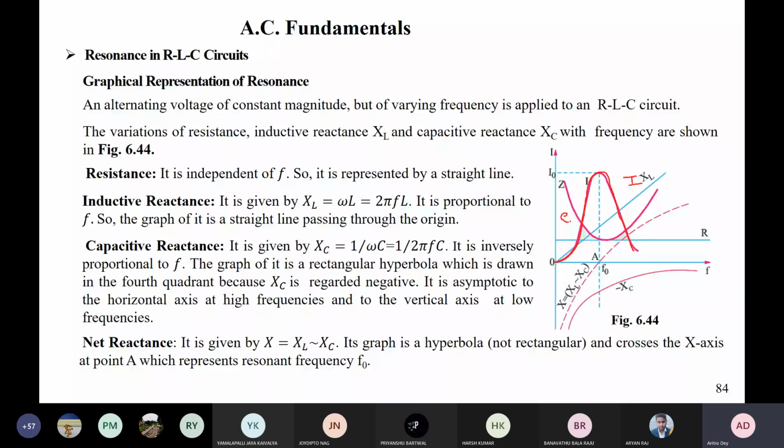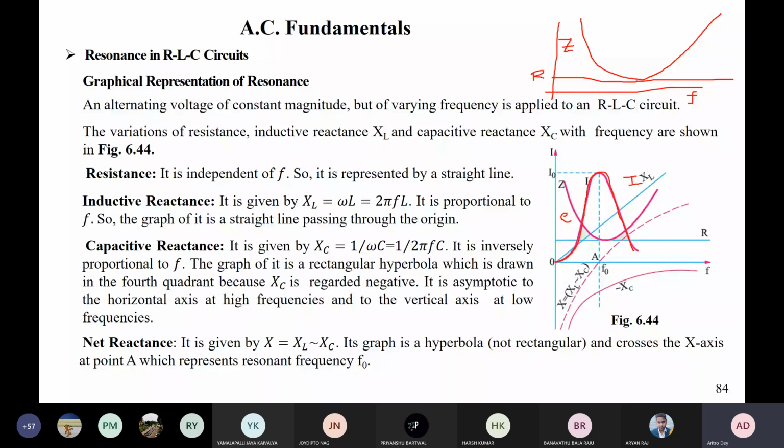So if you plot your impedance, this is Z, your impedance. Here it will be like this. It is a rectangular hyperbola for the capacitive part, and when the inductive part is there, it will be a little like this. So this is your impedance versus omega or f plot. Okay, so this is actually the sum of, this is your R. At resonance, when it is minimum, it should be equal to the resistance of the circuit.